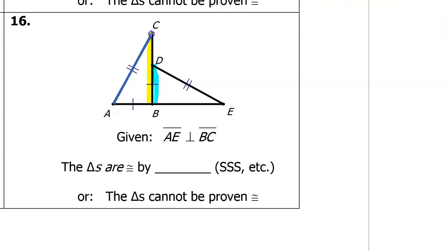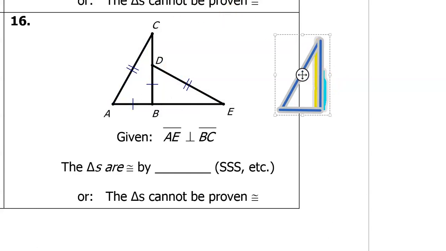Okay, so we have this triangle on the left that looks like this. All right, so this is triangle A, B, C. Okay, and we have this marked and we have this marked.